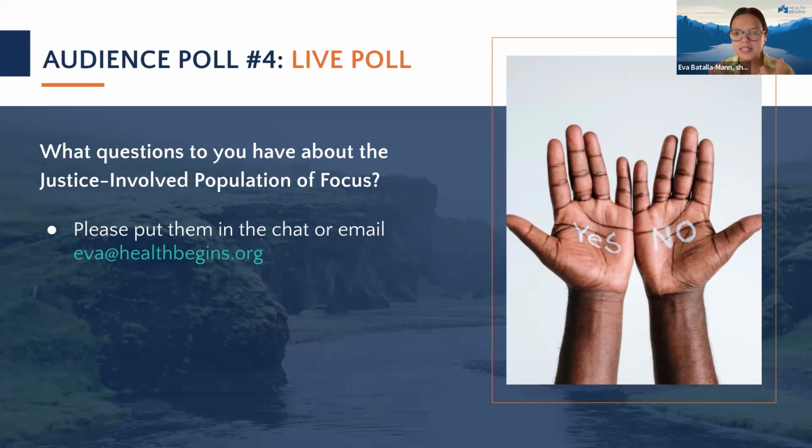So if everyone could just take a second, if you have any questions top of mind about JI, please drop them in the chat. And then again, if anything else comes up later, feel free to send them to me in an email, and we can make sure that we integrate those in our future sessions.